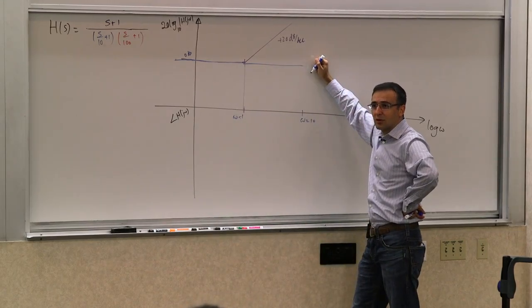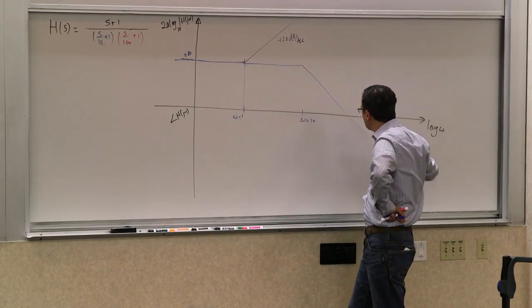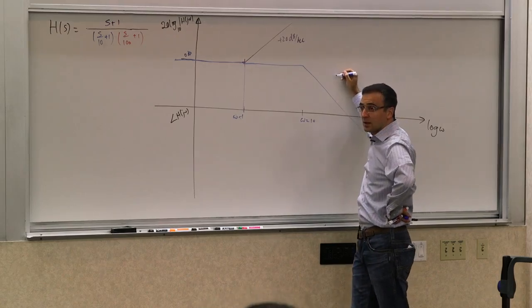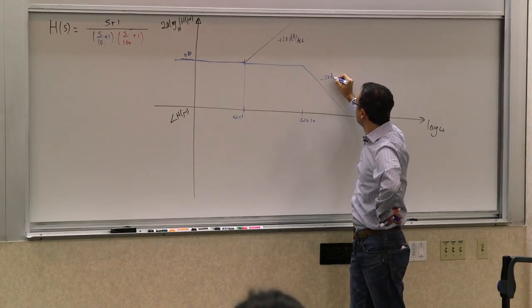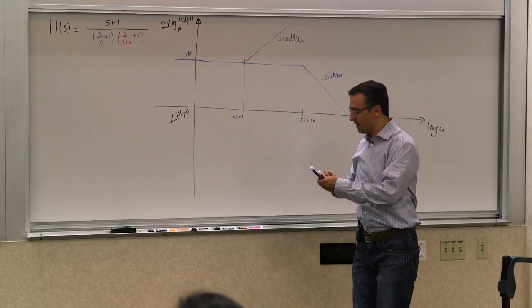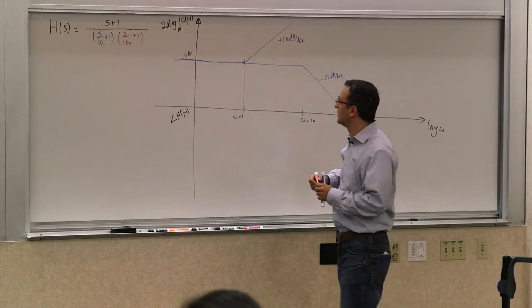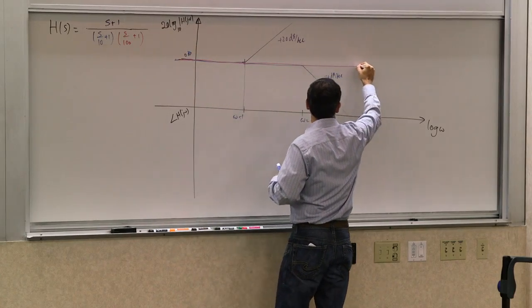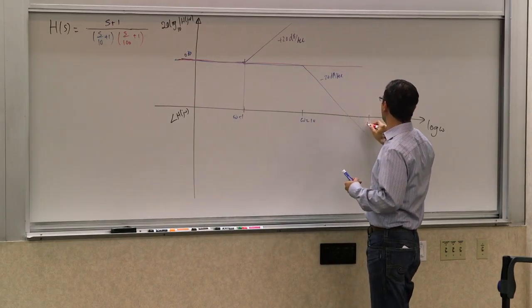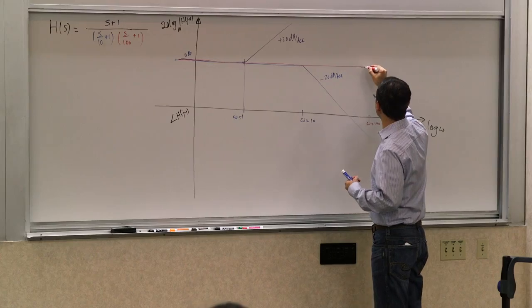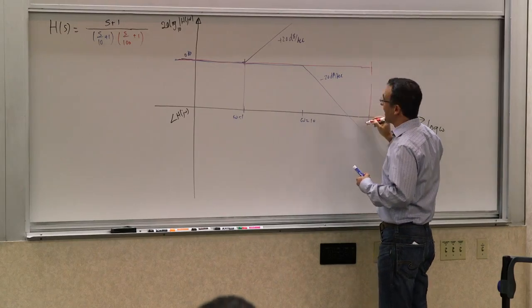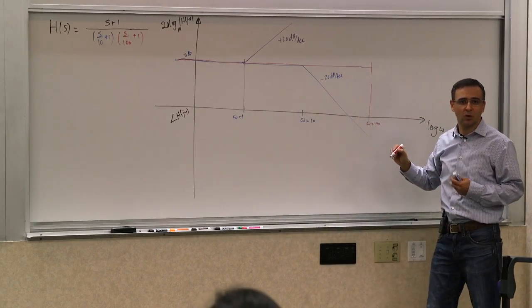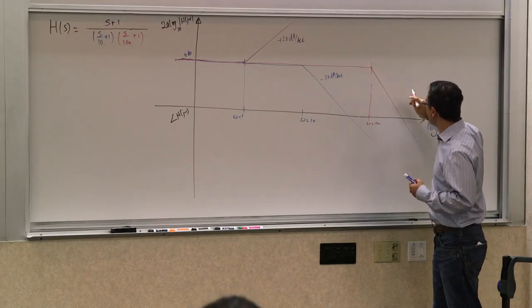I have another asymptote that goes down, exactly. With what slope? Negative 20 dB per decade. And then I have that last one, which does what? These are the asymptotes up to the point where I get to omega equals 100. And what happens at that point? It also goes down, right? With the same slope.